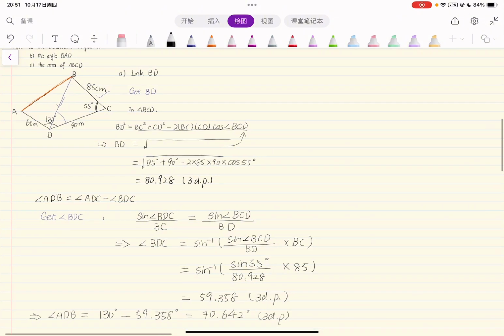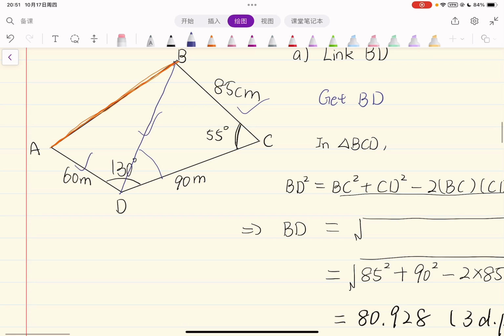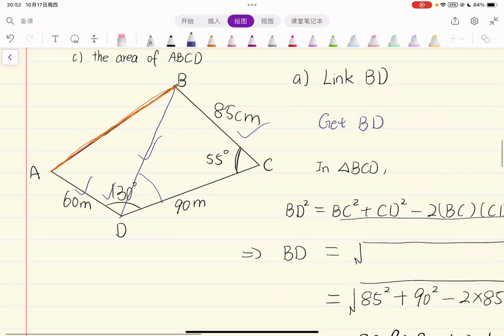Now, what do we know? We know the side AD, we know the angle ADB, and the side BD. So we can use the cosine rule to find the side AB.